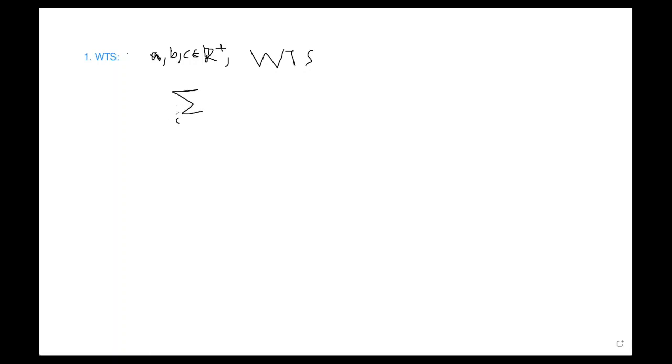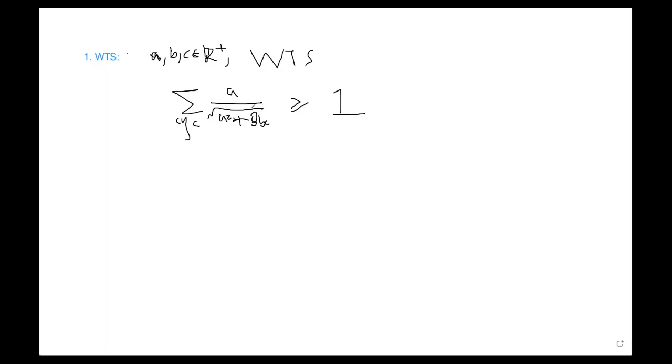I'm going to assume that people know what cyclic sum notation is, so I'll just write it using that. We have 3 variables, so it's a 3-term sum. So we need to prove that that's greater than or equal to 1.